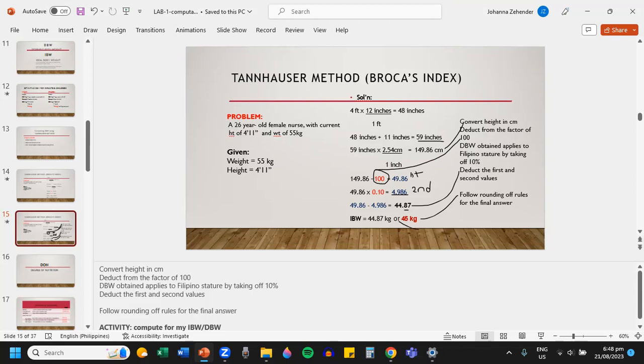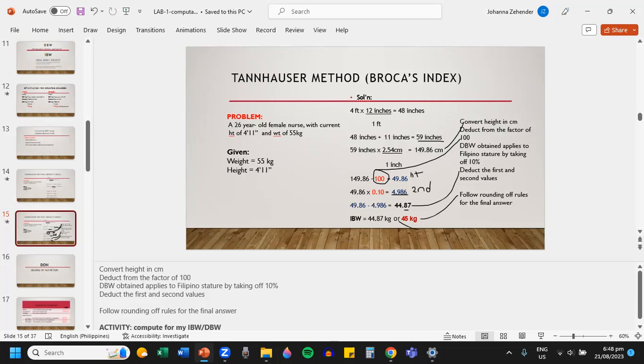Next, to compute for the desirable body weight, you're going to take off 10%. So 49.86 times 0.10, that's your 10%, is equal to 4.986. And then you're going to deduct the first and the second values.